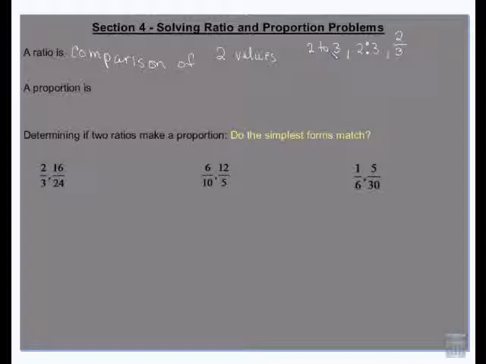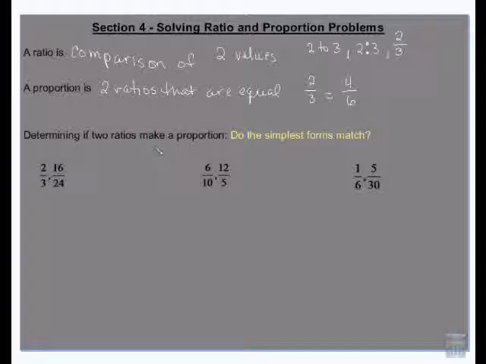It can be anything. It's just comparing numbers. A proportion is when you have 2 ratios that are equal. For example, 2/3 is the same thing as 4/6. So ratios just compare two values, proportions compare two ratios and say they're equal. So far okay?